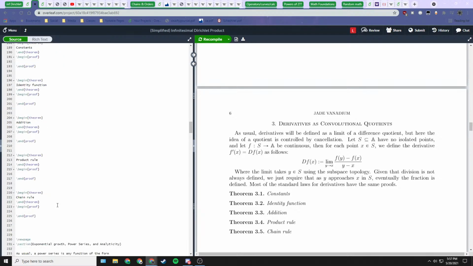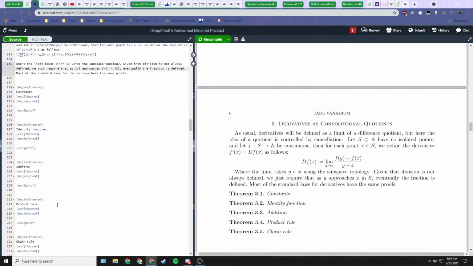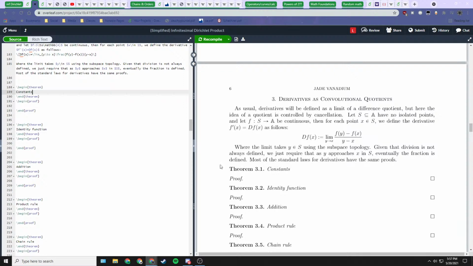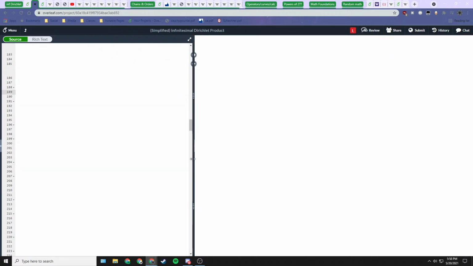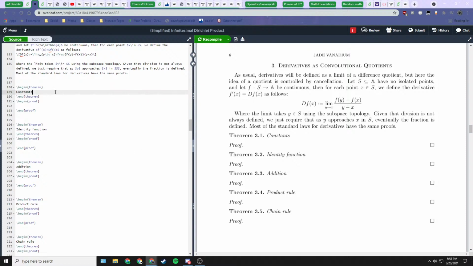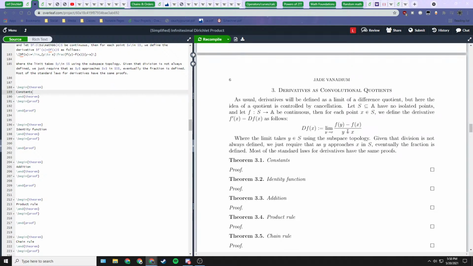We can probably leave the constants and identity function. Those are super simple derivatives that we can prove. They're very straightforward, and they come out pretty much immediately from the difference quotient formula.